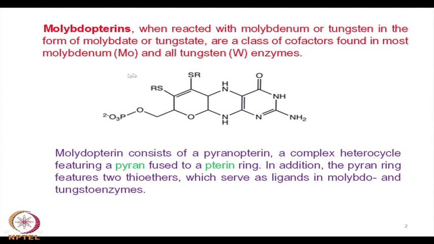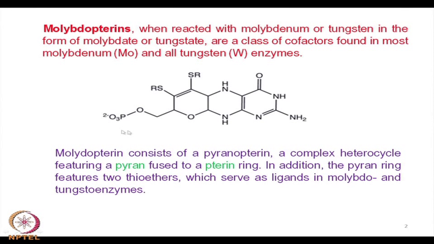Basically, not any bare molybdenum, because molybdenum always has some affinity for the formation of molybdyl species. It is very difficult to get any molybdenum compound without the oxo center. So always they go for species such as molybdates and tungstates. These are a class of cofactors found in molybdenum and tungsten enzymes.